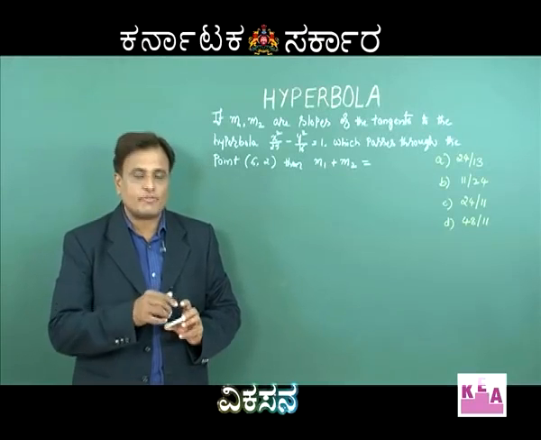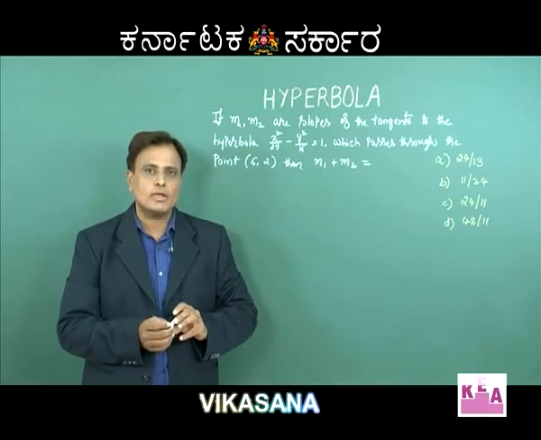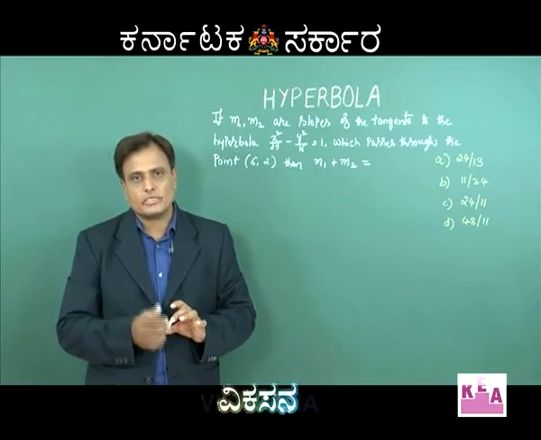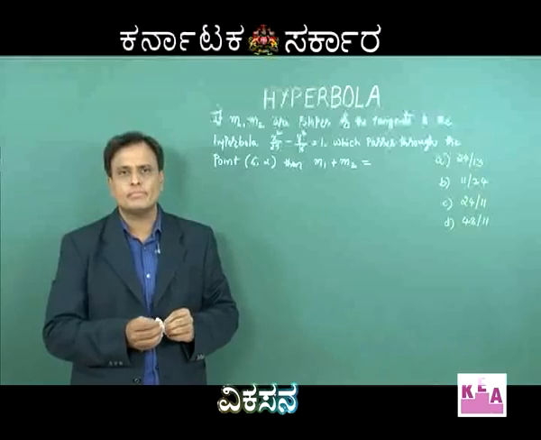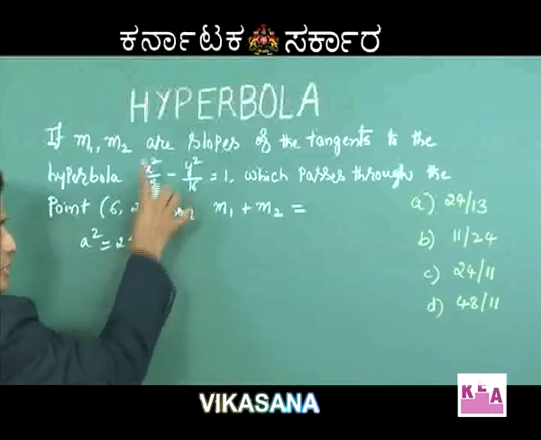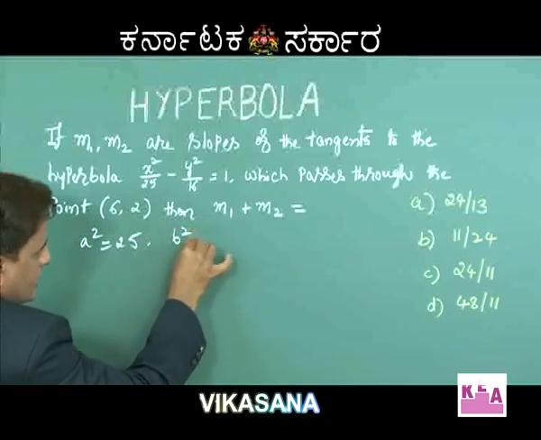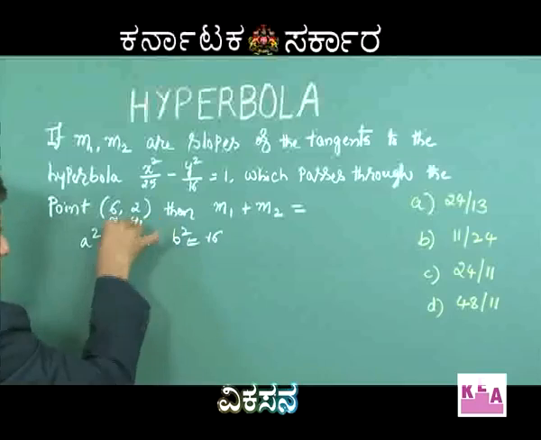Now, we have to first find out the slopes of both the tangents, and after that add them. Either you have to use the applications of derivative to find the slope, and it takes a lot of time. For this equation of the hyperbola, a square is equal to 25, b square is equal to 16. Take this given point as (x1, y1).